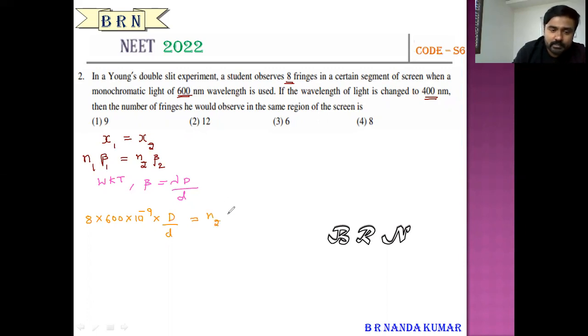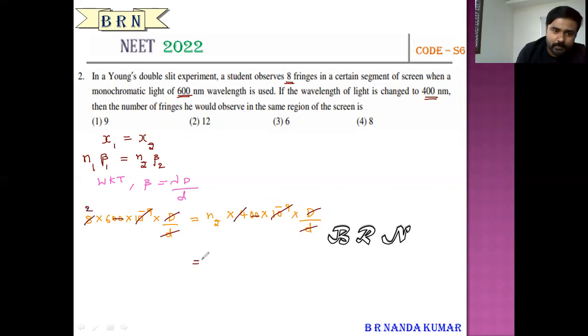n2 into beta 2, that is lambda 2. In the second case the wavelength is 400 nano. 400 into 10 power minus 9 into capital D divided by small d. Right? Look, capital D and small d cancel, 10 power minus 9 cancels, and 2 zeros also cancel. So 4 ones are 4, twos are.